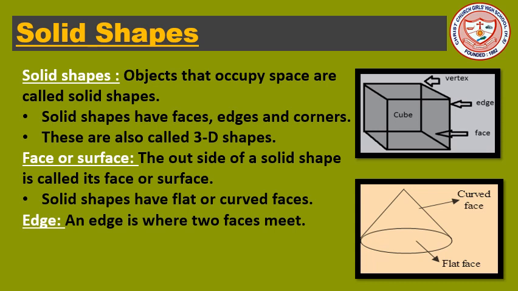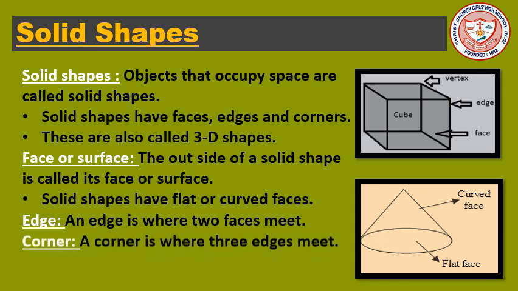An edge is where two faces meet. Corner. A corner is where three edges meet. The corner is also called a vertex.